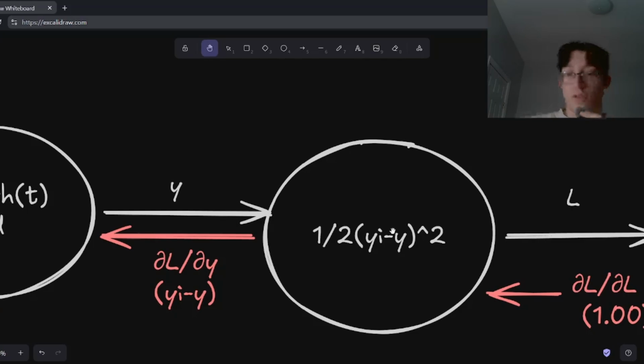If you are familiar with calculus, this is a pretty easy derivative to take because the only term here we have is y. So when we take this derivative, we would get something like yi minus y, because we multiply by this 2 and it cancels out, and then we multiply by the inside, which gives us yi minus y.